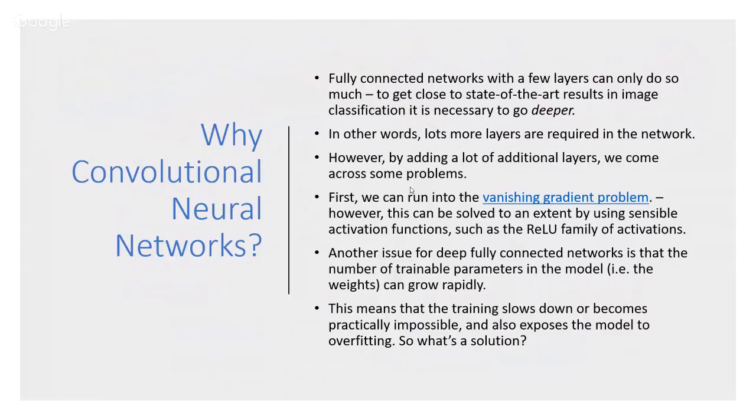But if you add lots of layers, you get the problem of vanishing gradients, which can be fixed with ReLU. Another issue for deep fully connected networks is that the number of trainable parameters in the model weights can grow quite rapidly. This means that training slows down or becomes practically impossible, and it also exposes the model to overfitting, which is quite bad.